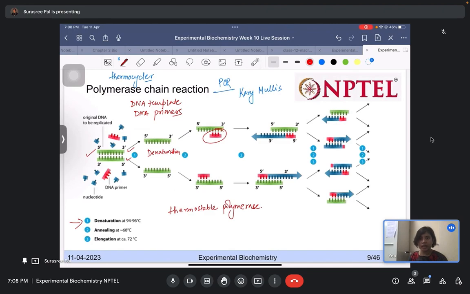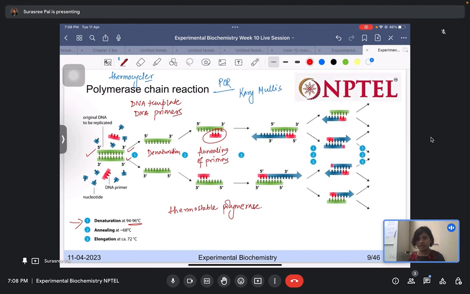Why are they made single strand? So that the primers can anneal to the single strand template DNA. That is called annealing of primers. Now this denaturation is done at a higher temperature like 95 degrees centigrade. When we start the reaction, the first step is denaturation, and the polymerase is present in the reaction.